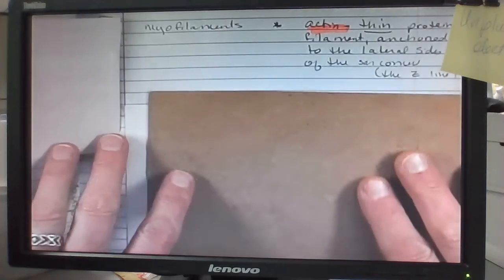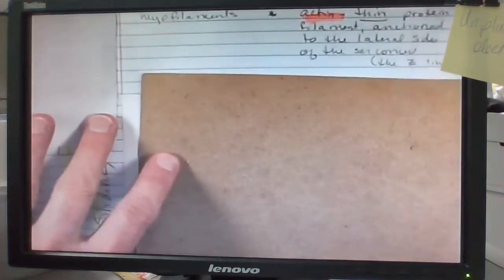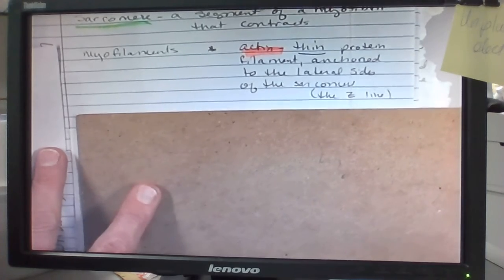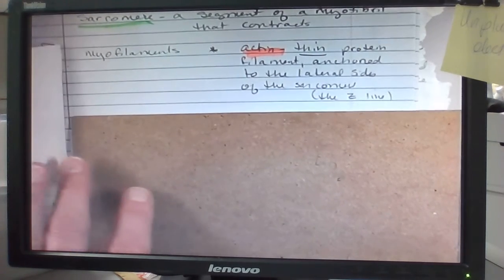All right, so those fibers, the myofilaments. Actin and myosin. Actin is a thin protein filament.